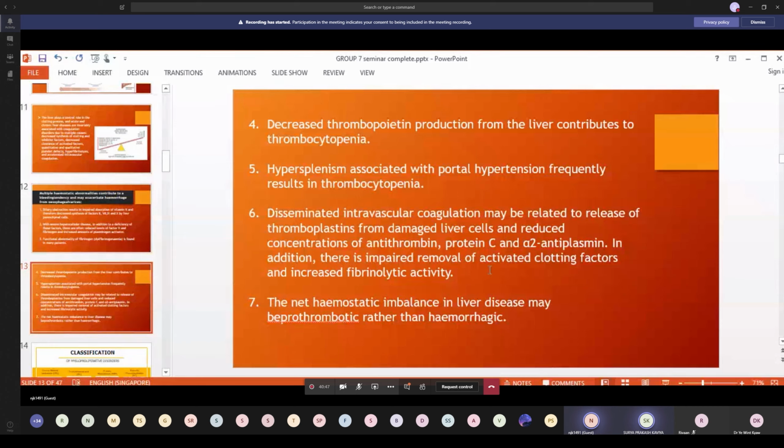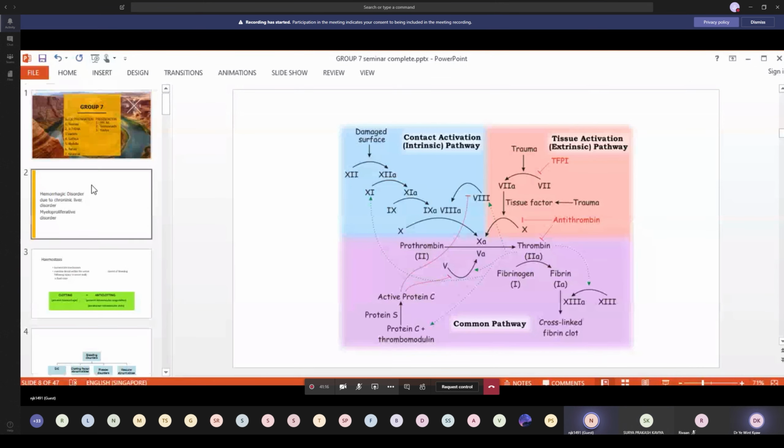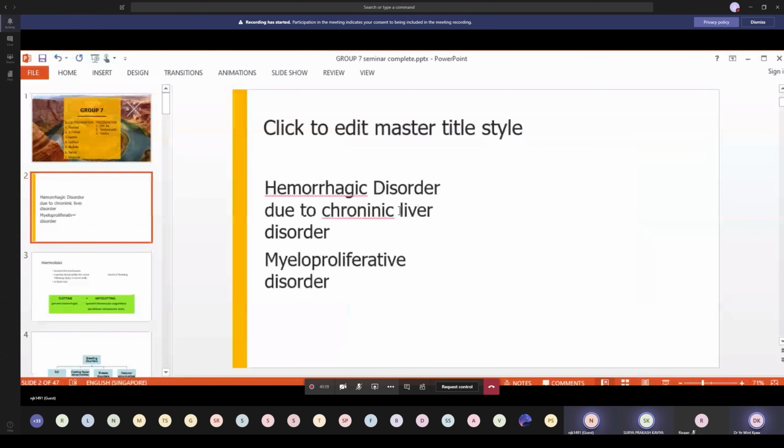In addition, there is impaired removal of activated clotting factors and increased fibrinolytic activity. So the net hemostatic imbalance in liver disease may be prothrombotic rather than hemorrhagic. It has evolved from hemorrhagic to thrombotic if the imbalance continues. This is talking about the hemorrhagic disorder due to chronic liver disorder.